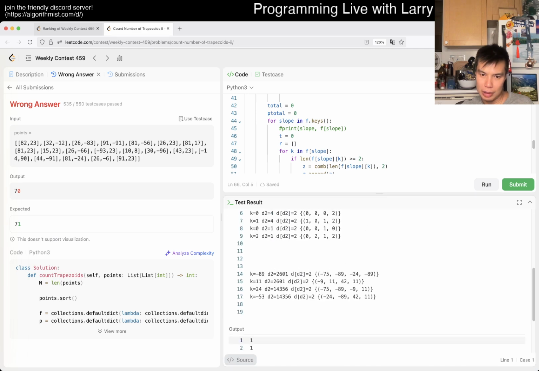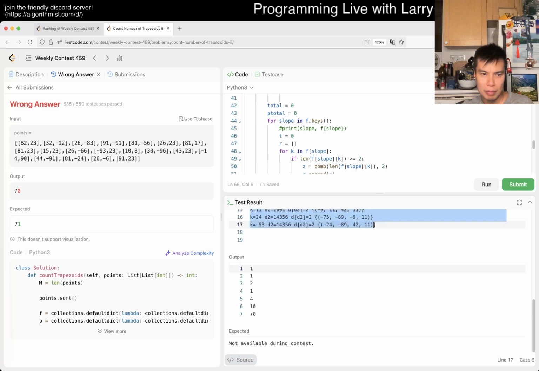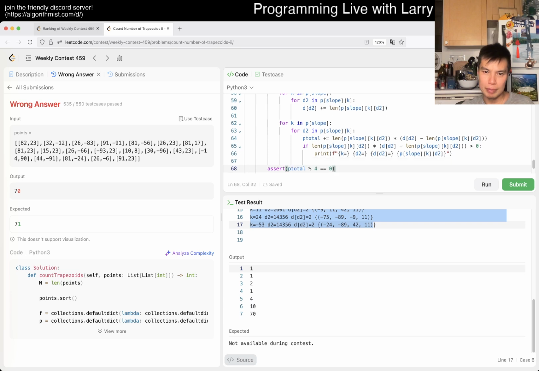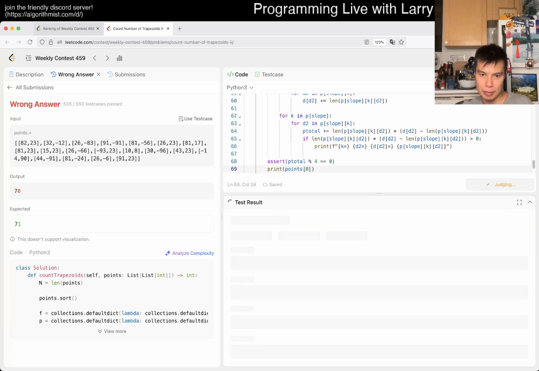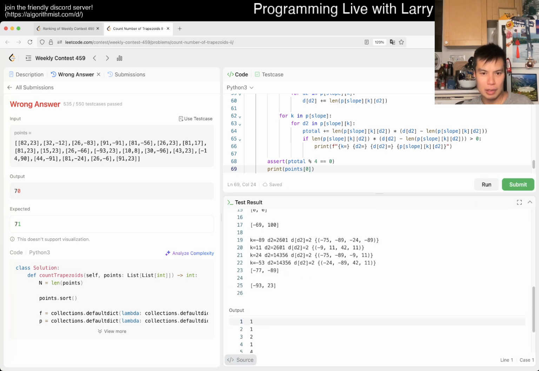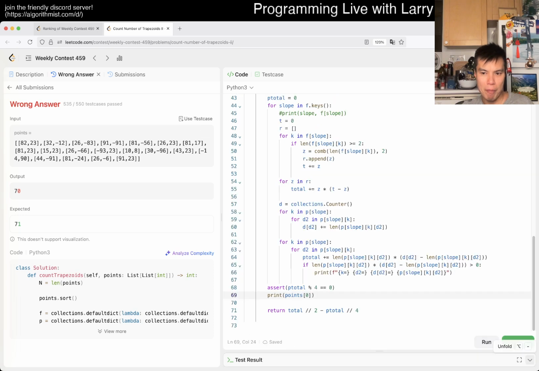So here, is this for this one, or is this for... there's no parallelogram? Is that right? Okay, yeah, there's no parallelogram. So then why am I wrong if there's no parallelogram?